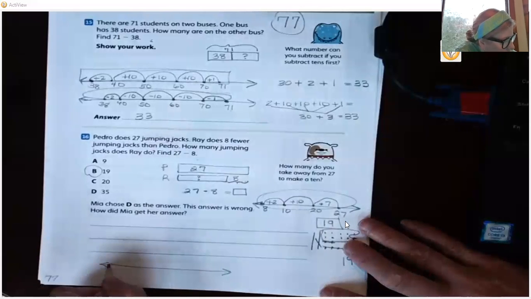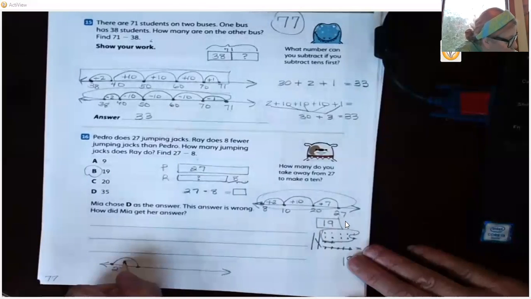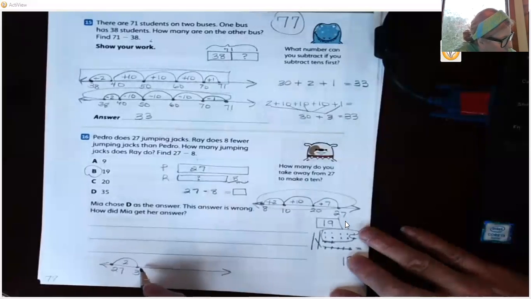she added? So if we start with 27, go up to the next 10, we're trying to add on 8. So how many more would it take? So we're at 30 now. Oh, we're starting at 27.